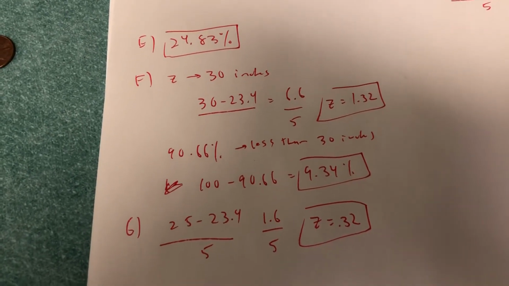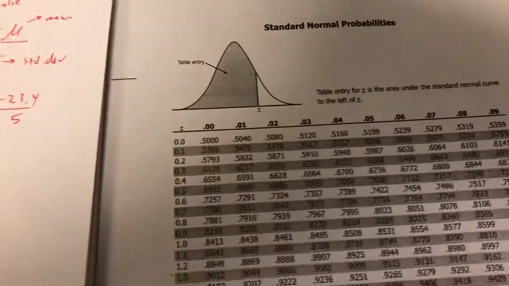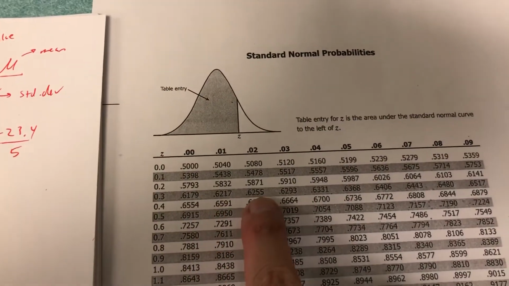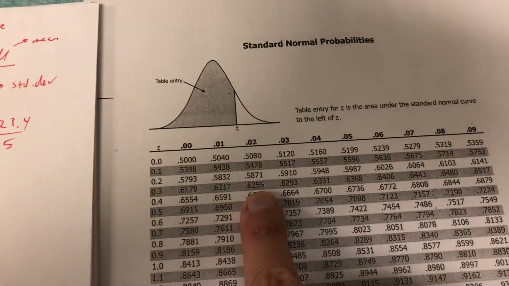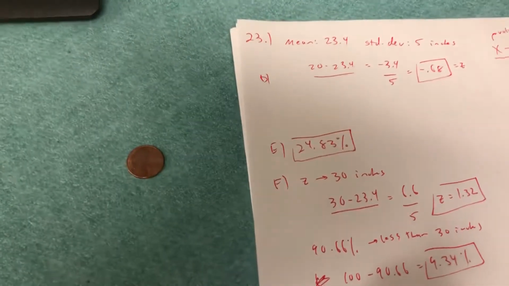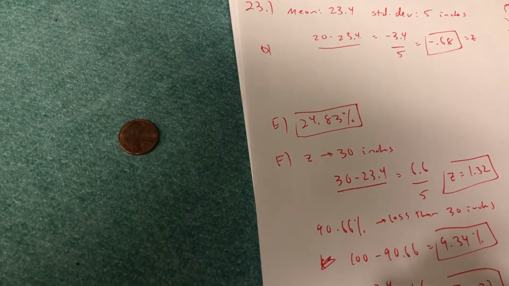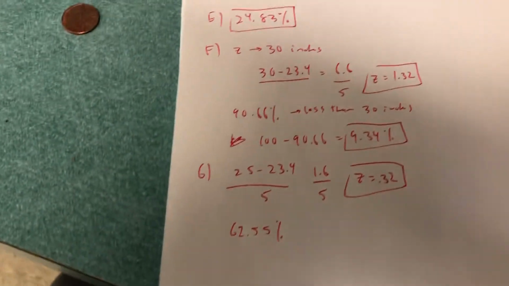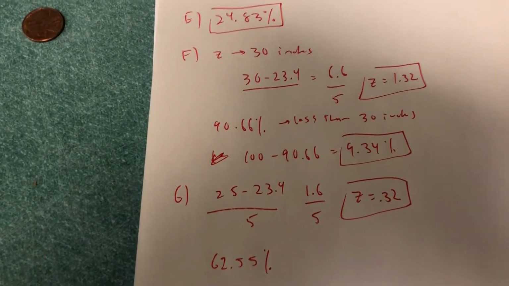So I need a percent, so I'll go look at my table for 0.32. 0.32 is right here, 62.55%. 62.55% of the time will you have that much snow or less.